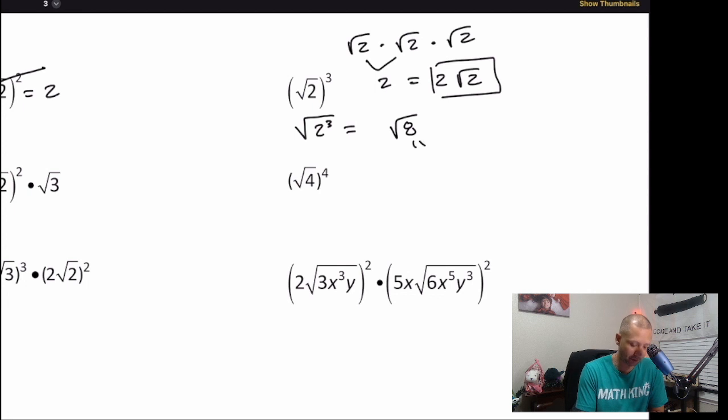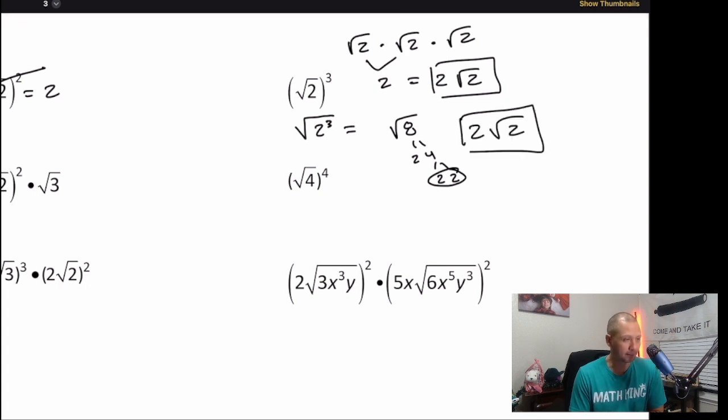Now when you simplify this, you get 2 times 4, 2 times 2. You can pull out a pair of 2's. So 2 root 2. Again, we see that that's the same solution. So a good property that comes in handy sometimes is to know that the power can be either outside of the parentheses or applied to the radicand, the part inside the square root.